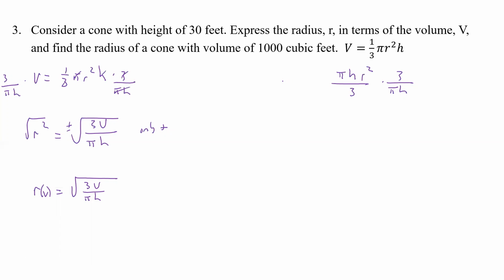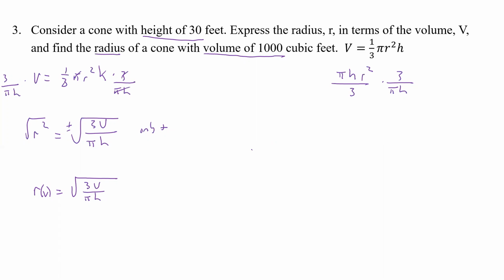Okay. Now, what do they tell us? Well, they have a height of 30 feet, so we have that. We have a volume of 1,000 cubic feet, and we're supposed to find the radius.